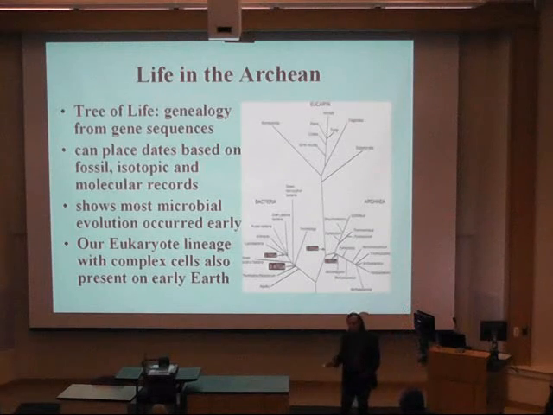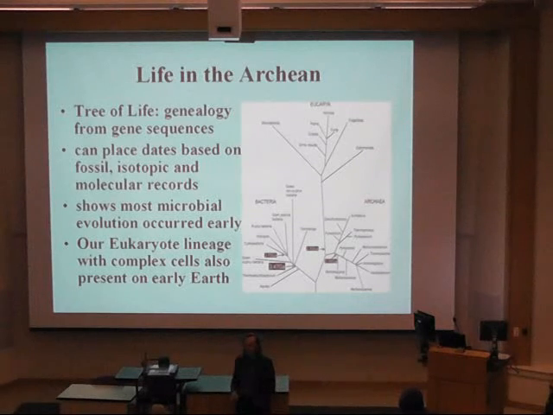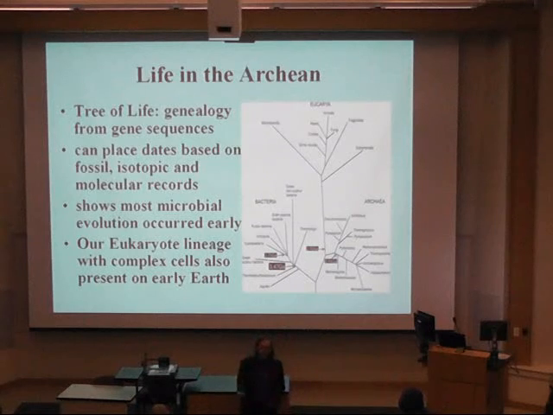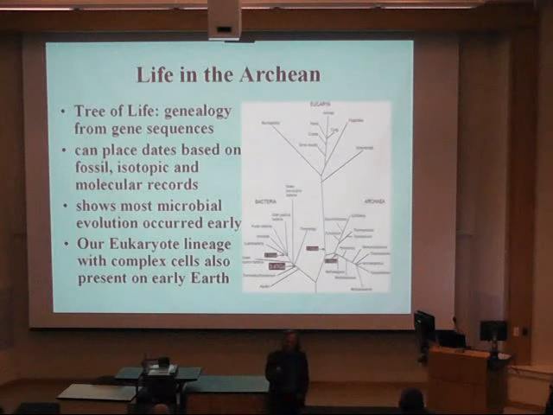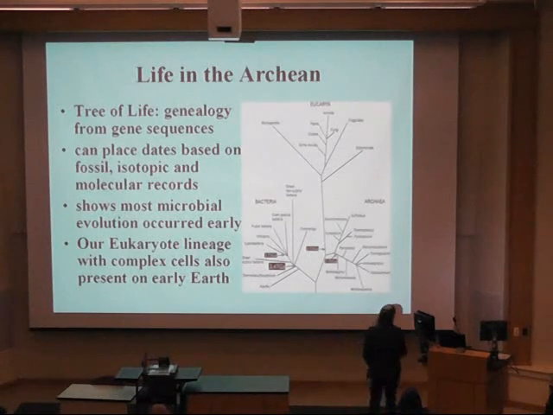So, what does this tell us? Most microbial evolution occurred early in Earth's history. Most of the microbial branches on this tree had to have been there within the first 2 billion years of Earth history, and a fair amount within the first billion years, the equivalent time to when there was liquid water in relative abundance on Mars.